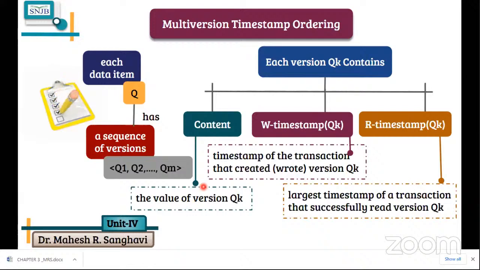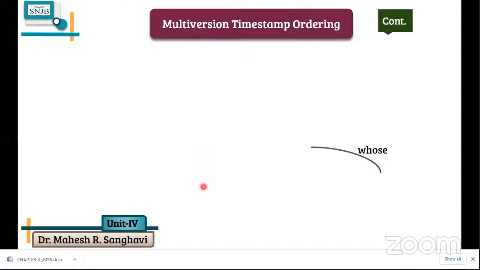Now multi-version timestamp ordering is telling you that if there are multiple transactions accessing one data item, it will maintain each and every version by storing its R timestamp as well as its write timestamp of that particular data item, that is Qk, that we are considering here.